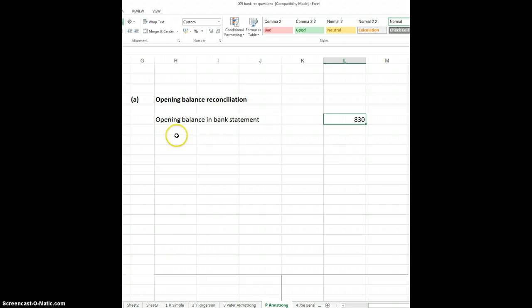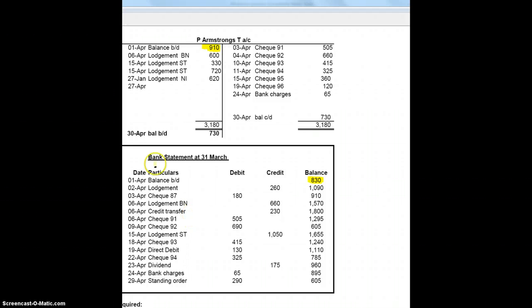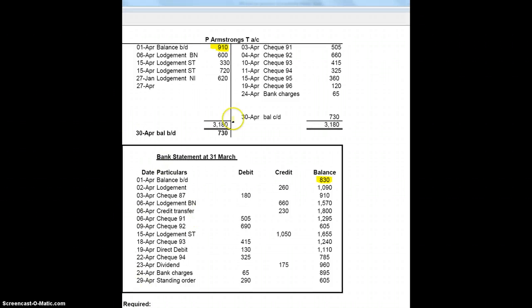Then the next thing we do is we're going to take away any checks that relate to prior periods, and if we look at the bank statement, I'll show what you mean. So in our T account here, our checks all start with 91, 92, 93, so P Armstrong is writing checks out to suppliers, and in April his checkbook started on 91.